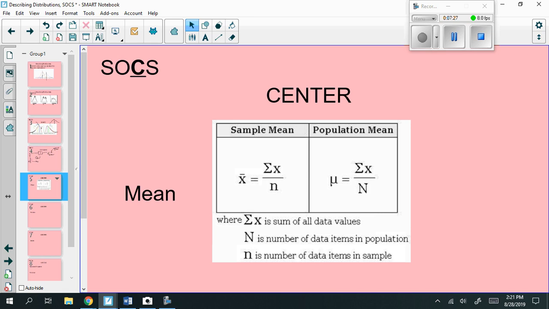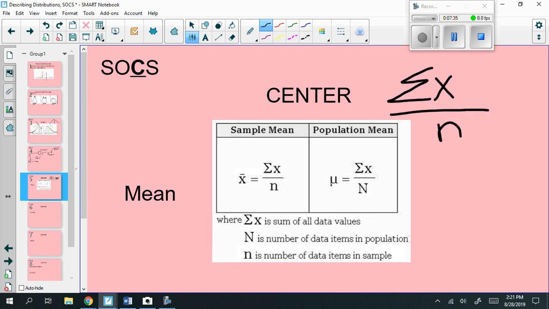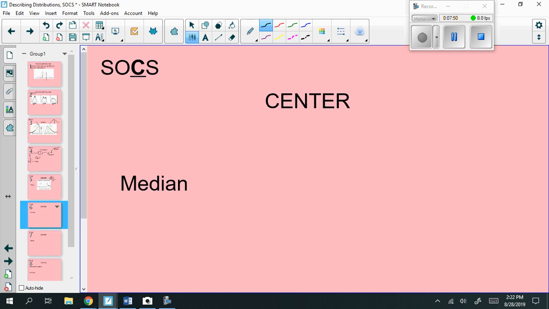This symbol here is sigma, and all that means is we sum our x values and divide by how many there are, and we did some practice in that. The only difference between this and the population mean is that this capital N represents our population, and you can read that below.